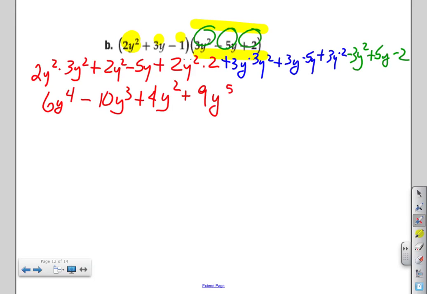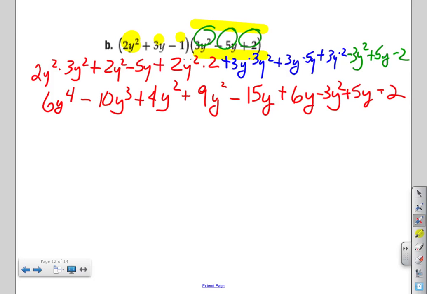Is that right? Did I mess up someplace here? Oh no, I'm not reading my handwriting. See what I'm talking about, reading your handwriting? 9y squared minus 15y plus 6y minus 3y squared plus 5y minus 2.